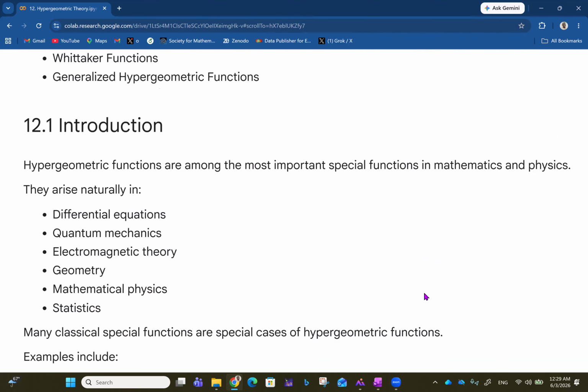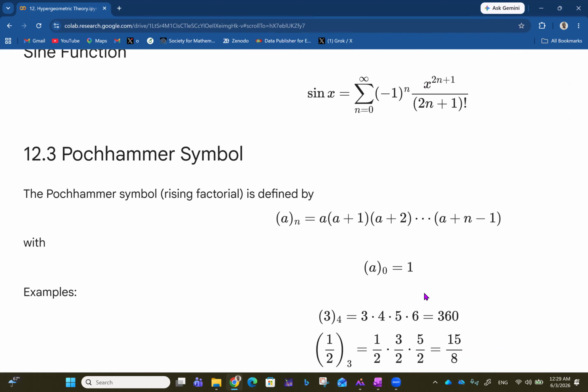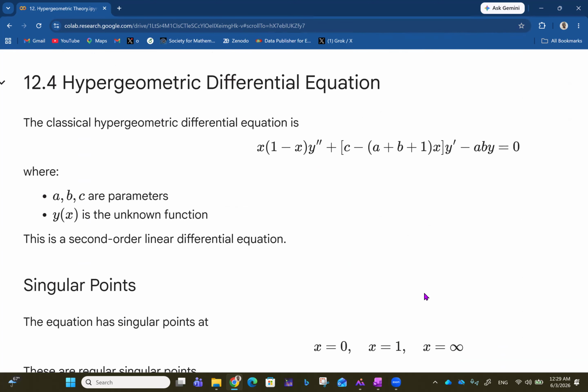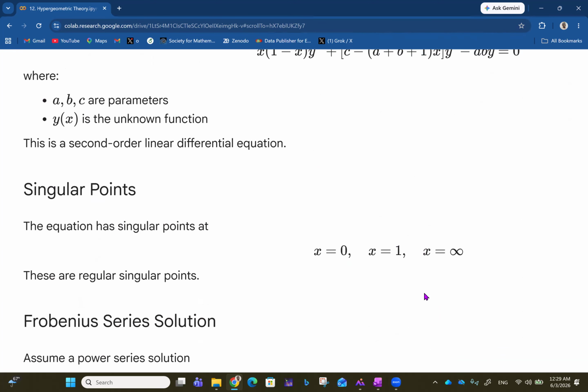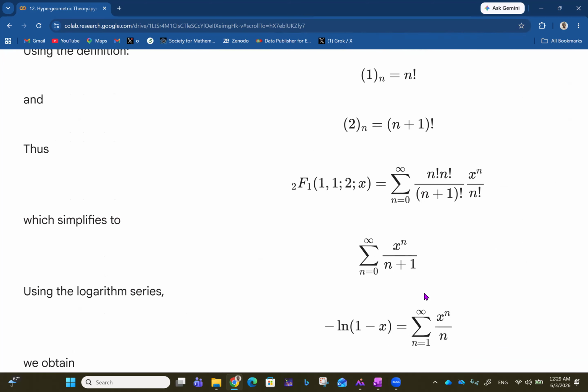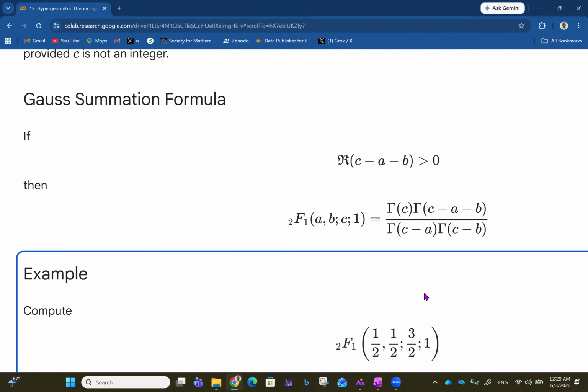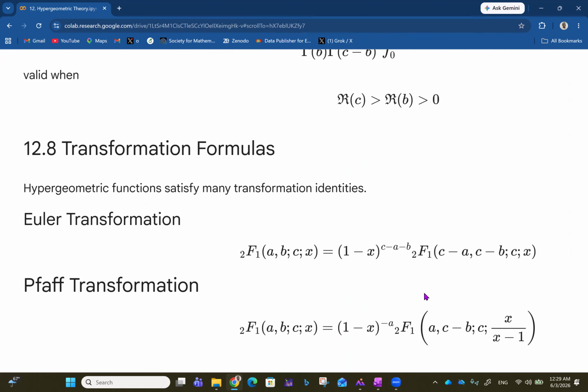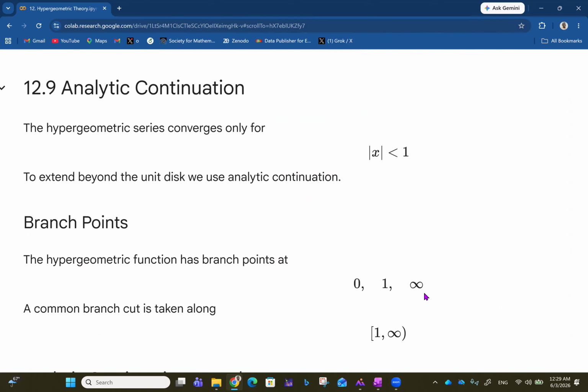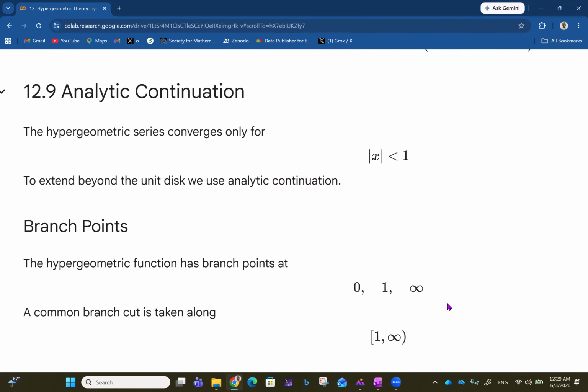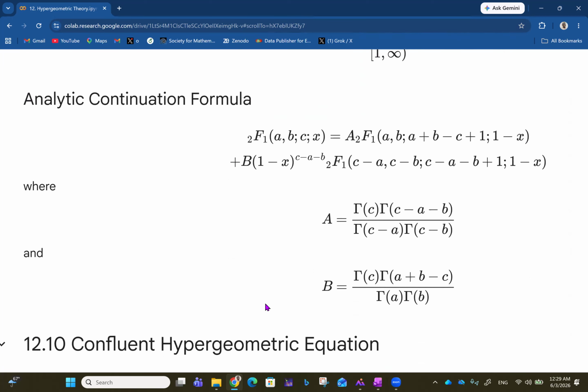There's a special name, like we saw before, for the first equation: singular points. These are the singular points in this case. A common branch cut is taken along 1, include 1 and exclude infinity, within this half closed, half open interval. So we have a common branch cut taken along that path.